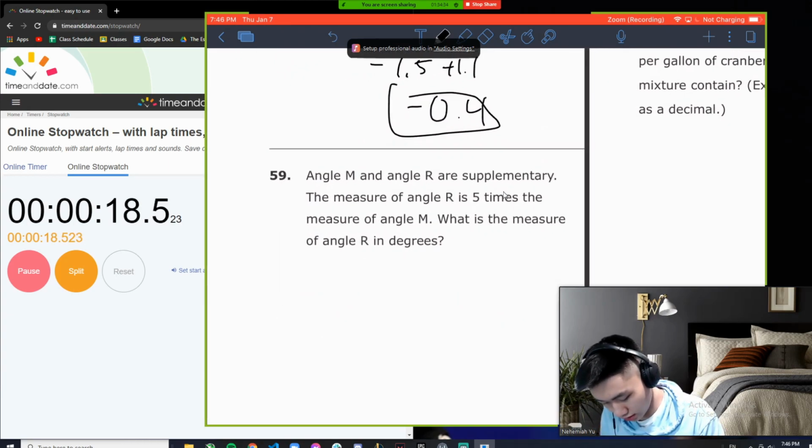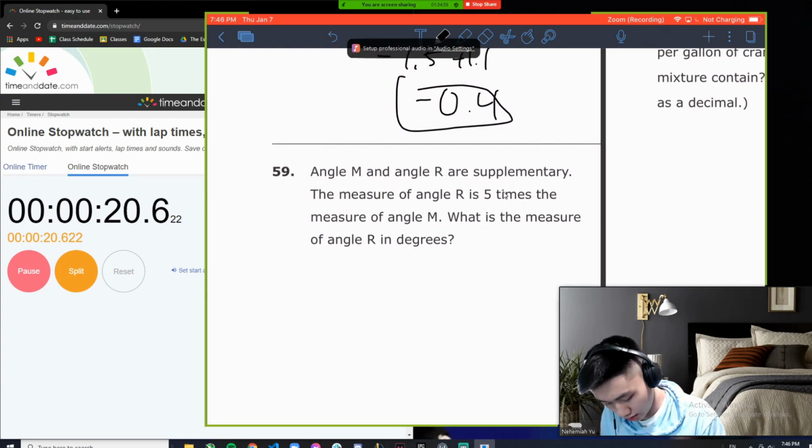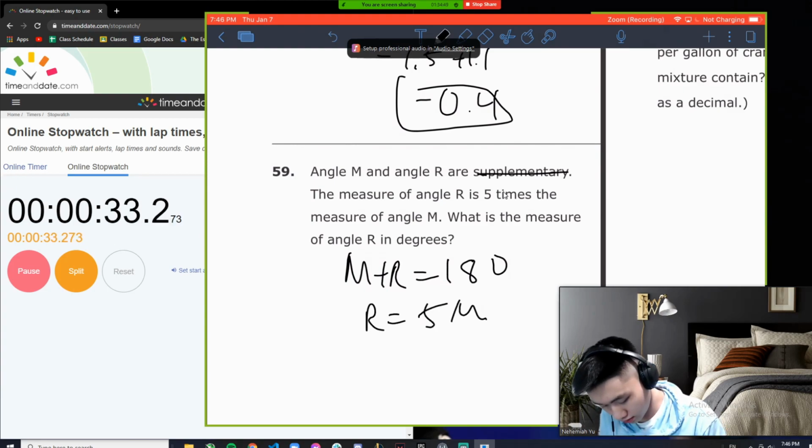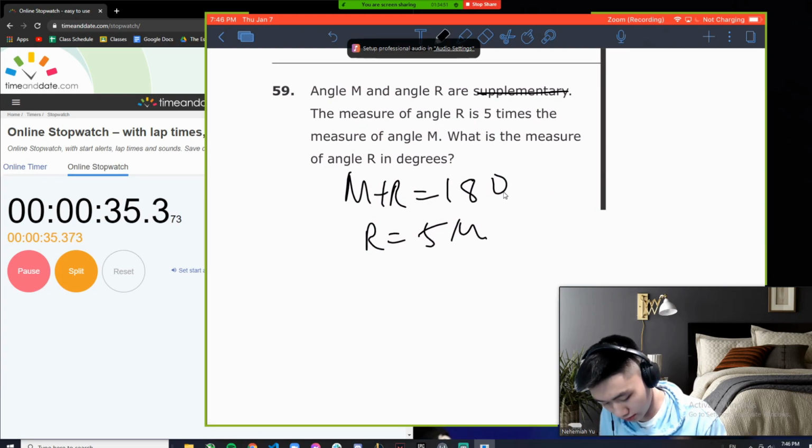Alright, I think this is correct. M plus R is equal to 180. That's what supplementary means. R equals 5M, right? And you want to figure out R. So M equals R over 5.